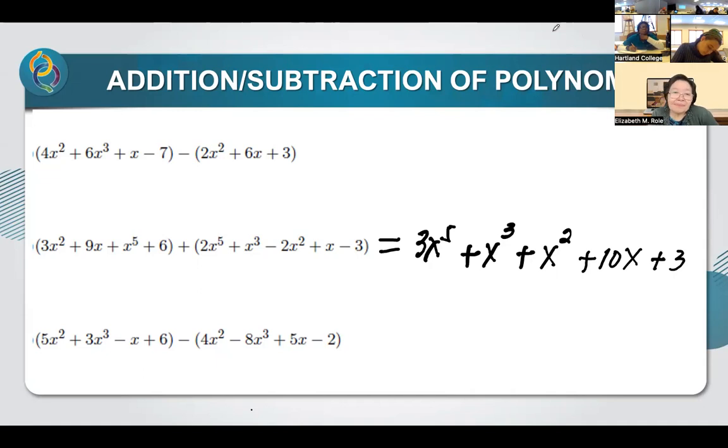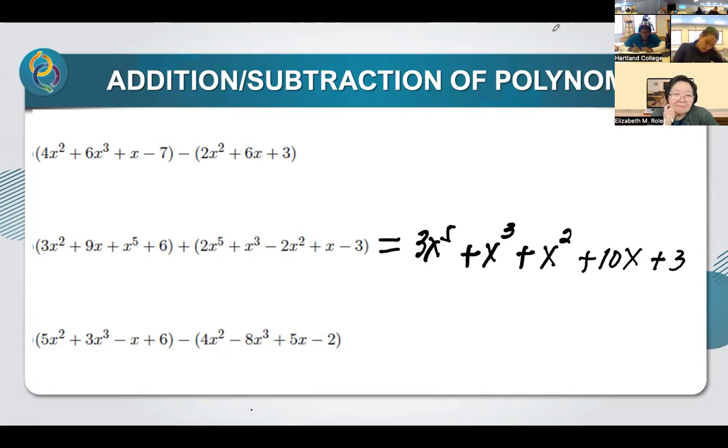So always remember to write your final answer in standard form, with powers decreasing. I've done the third one. What did you get? 11x cubed plus x squared minus 6x plus 8.